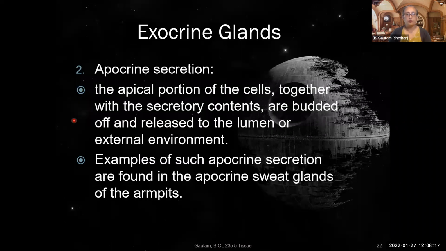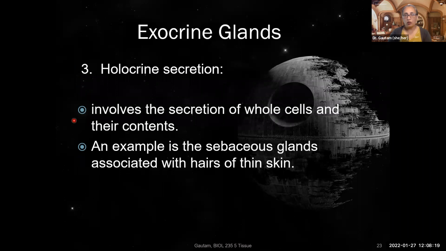Then the last is holocrine. So far we've learned the vesicle travels to the surface, fuses with it, and then the contents are released. Or the vesicle travels, comes off, and leaves. And now the only thing left is for the whole cell to leave. And that's what holocrine is. This is where the whole cell, along with all of its contents, is released.